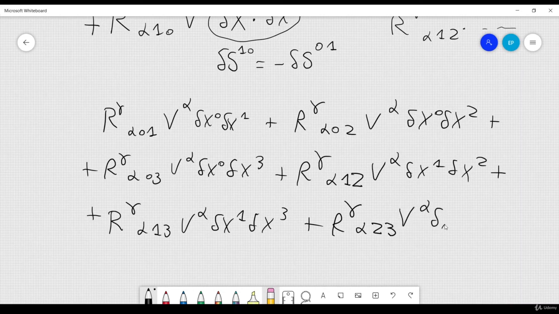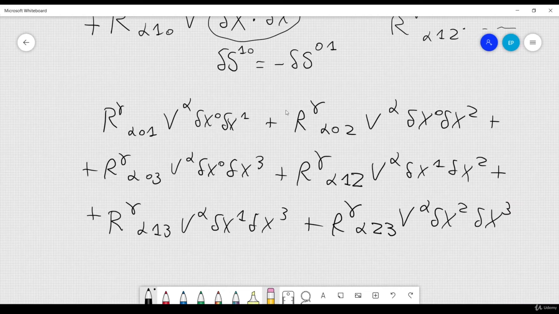V^α δx^2 δx^3, and then this is it. You don't have other terms actually, because if you consider R^γ_α,3 and put 0 here, you would cancel this one. If you put 1, you would cancel another term, and so on. So when you sum over mu and nu, you have these possibilities here that are not many. They are just six of them.